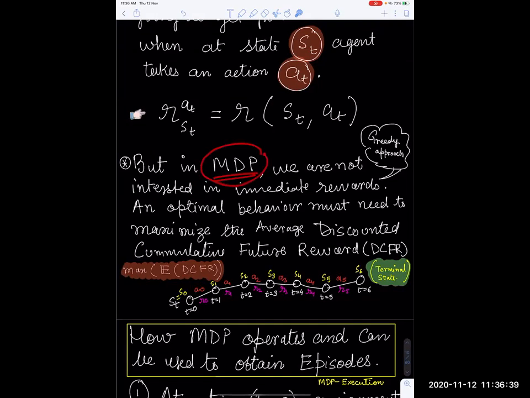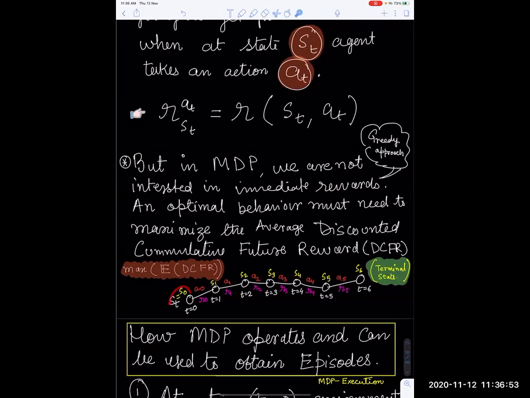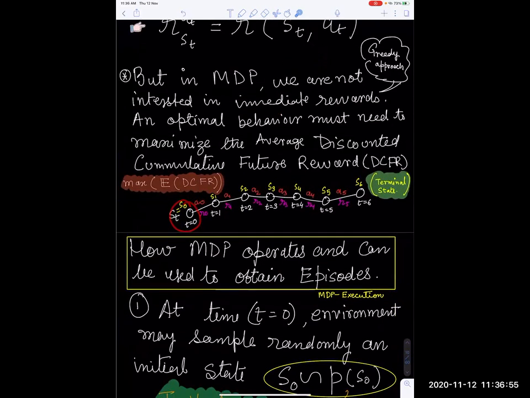in the case of such an MDP, a Markov decision process, we are not interested at all in the immediate rewards. Let us see what we are interested in. Suppose this is my initial state, and that's why I have written t equal to 0, then t equal to 1, then 2, 3, 4, 5, and 6. The initial state is s_t, which is equal to s0, and then s1, s2, s3, s4, s5, and s6.